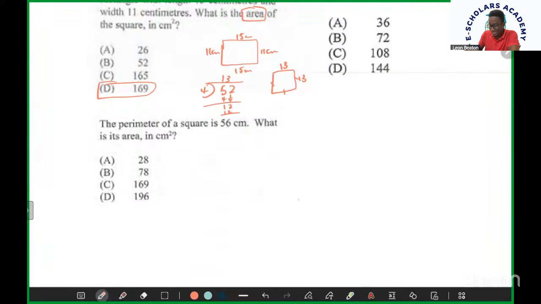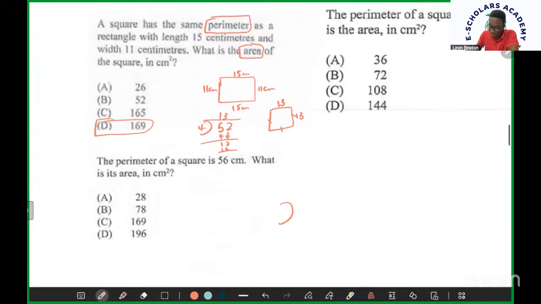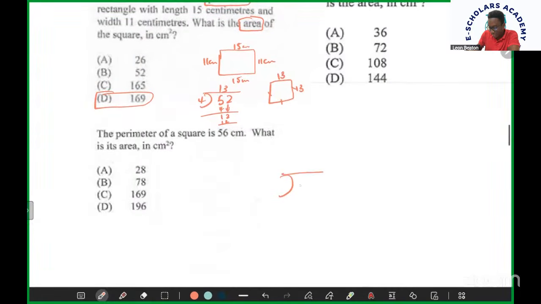To find one side of the square, we divide 56 by 4. 4 can go into 5 one time, 4 ones are 4. Subtract, you get 1, bring down the 6. 4 can go into 16 4 times, 4 fours are 16, so this should be 0. So one side of the square is 14 cm. 14 by 14 is definitely 196.